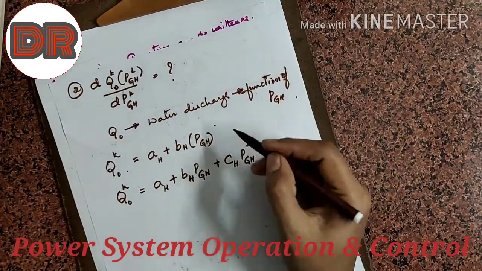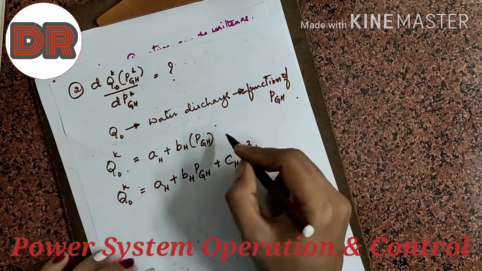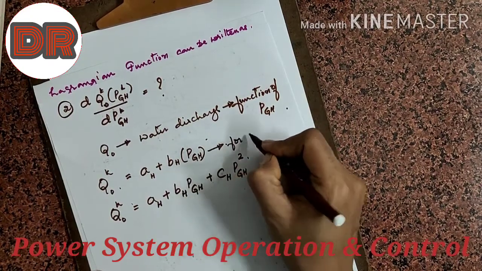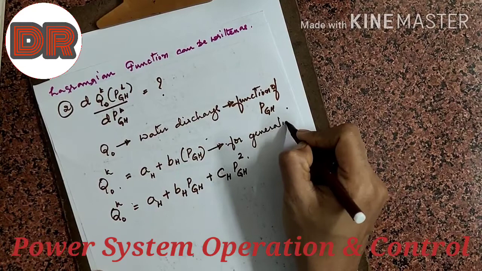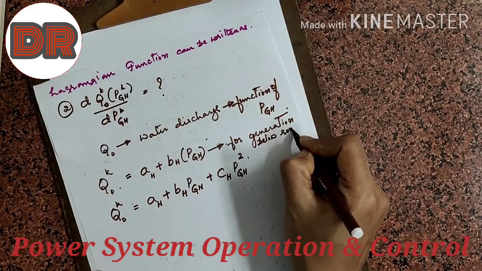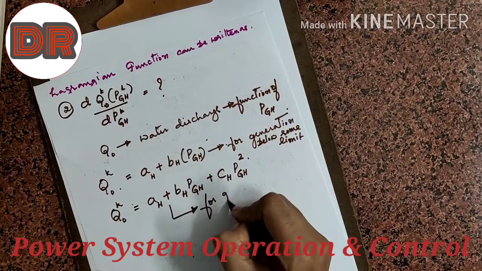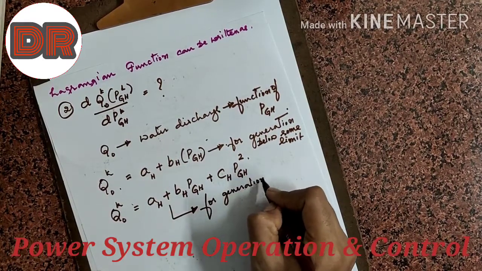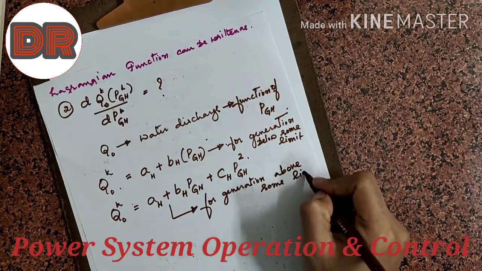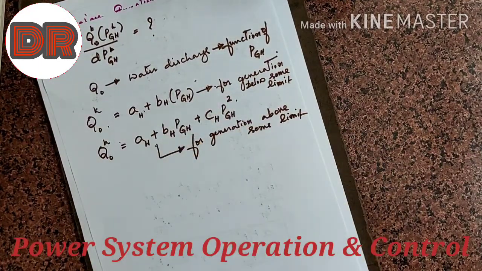So these two are the equations which you can use as a mathematical model for the water discharge. The first can be used for generation below some limit, and the second can be used for generation above some limit. As per the requirement, this or this can be used.